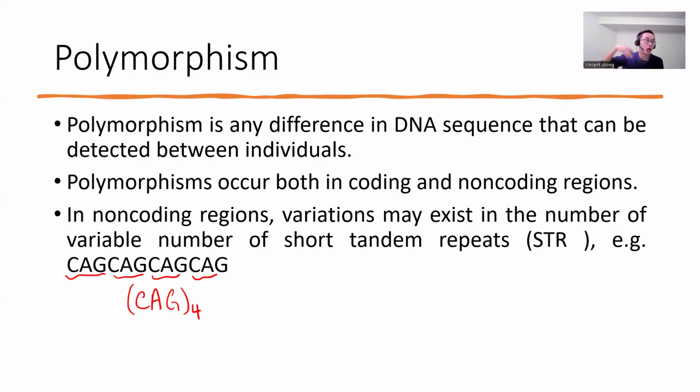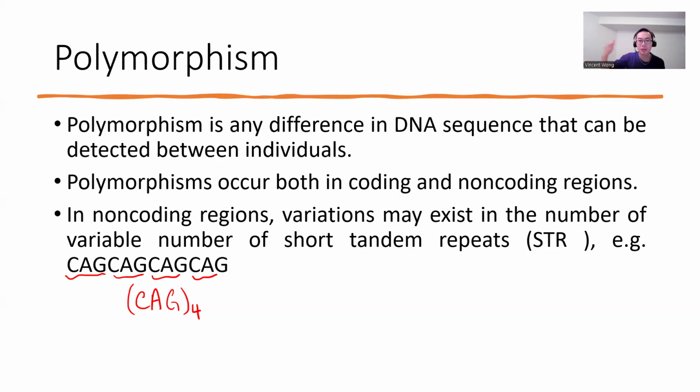So it turns out there are various short tandem repeats that are scattered throughout our genome. They would be on the same chromosome for everybody, but the length of the repeats would be different. Your CAG on chromosome 17, for example, may be repeated 10 times. Mine may be repeated 3 times.